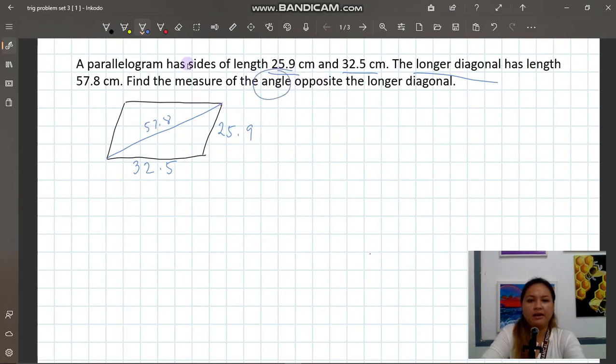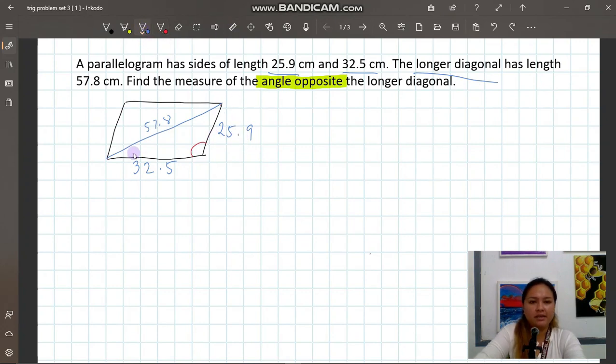What we need to find is the angle. We need to find the angle opposite the longer diagonal. So this is the longer diagonal, and the angle opposite it is this one, and also this one, but they have the same measure. So let's just focus on this part, where we have the dimensions of the sides.